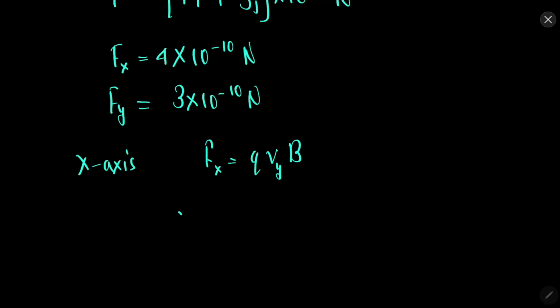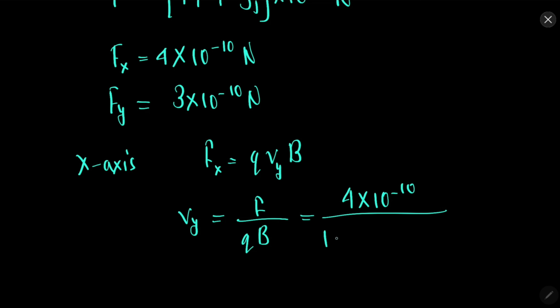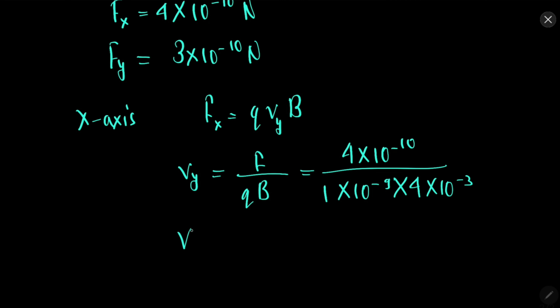So vy equal to F over qB. So 4 into 10 to the power minus 10 over 1 into 10 to the power minus 9 coulomb into 4 into 10 to the power minus 3 Tesla. So vy will be 100 meter per second.